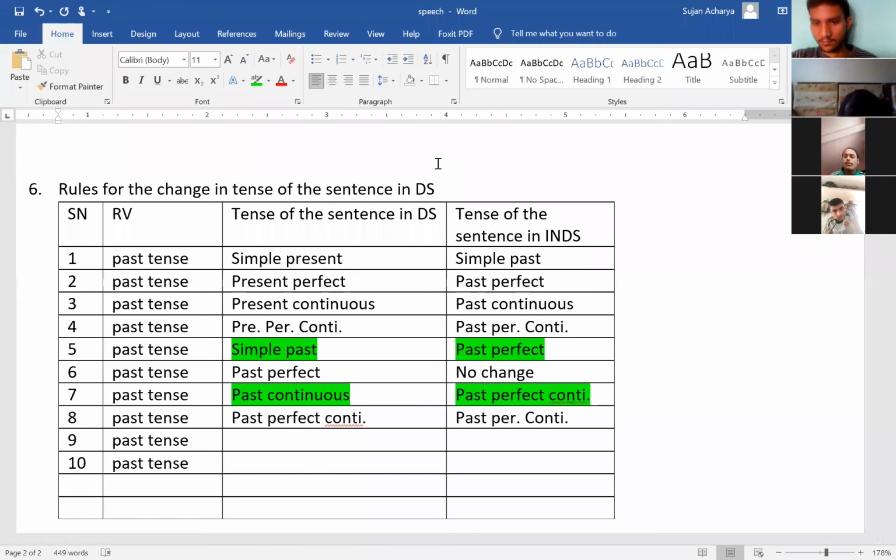The reporting verb has to be in past tense in all the sentences.